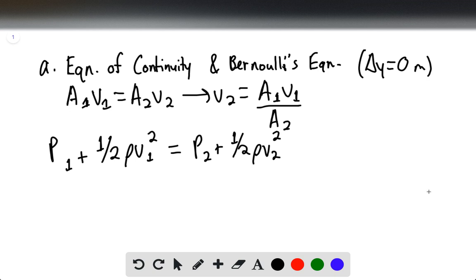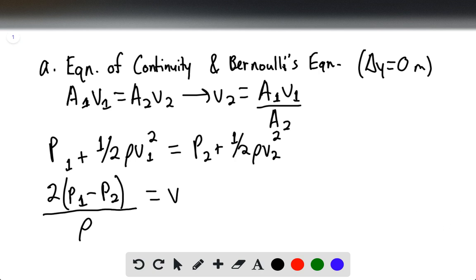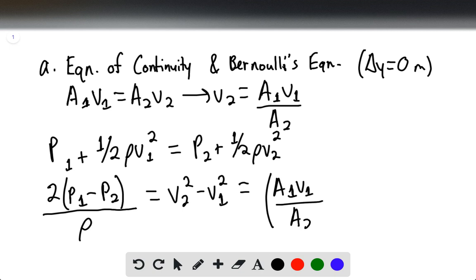And at this point, we can solve and say that 2 times P sub 1 minus P sub 2 divided by rho is going to equal V sub 2 squared minus V sub 1 squared. And this is going to equal, we can sub in for V sub 2 squared and say A sub 1, V sub 1 over A sub 2, this will be squared, minus V sub 1 squared.